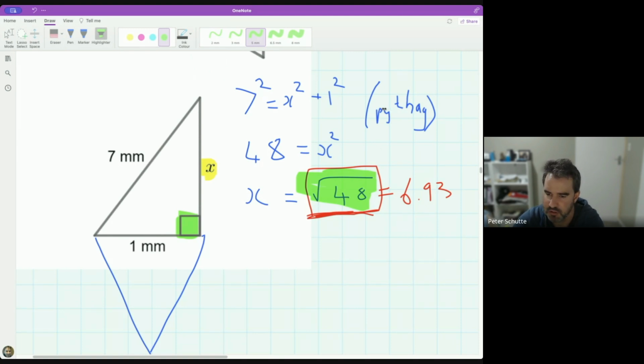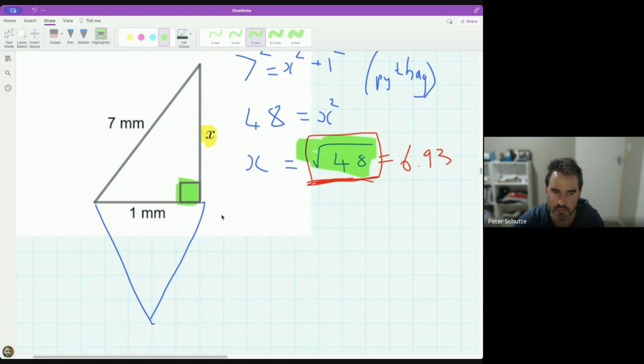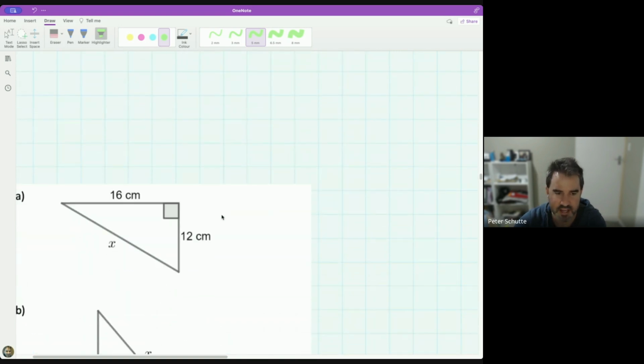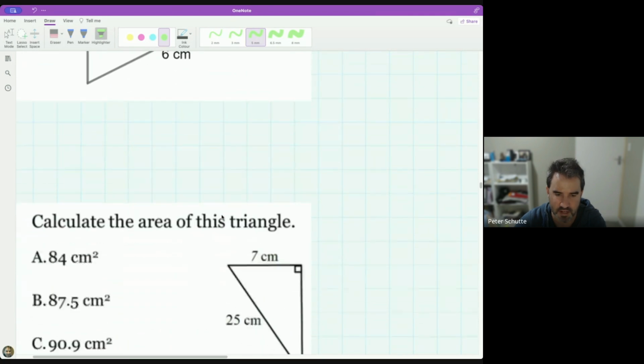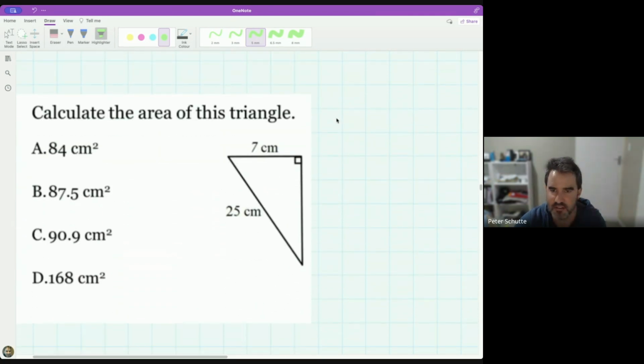Okay, so what have we done? We've done Pythagoras. I think you guys know how to use Pythagoras. I think we need to spice it up. So here is a question which deals with Pythagoras a little bit, but also the area. How do you find the area of a triangle?